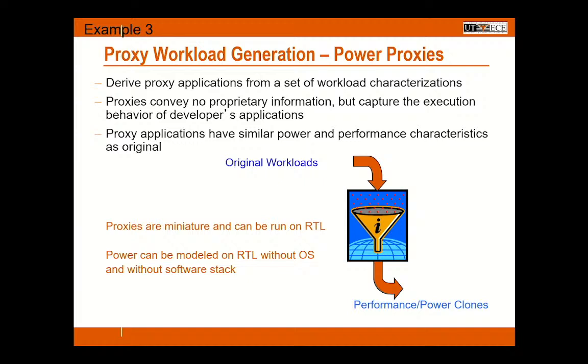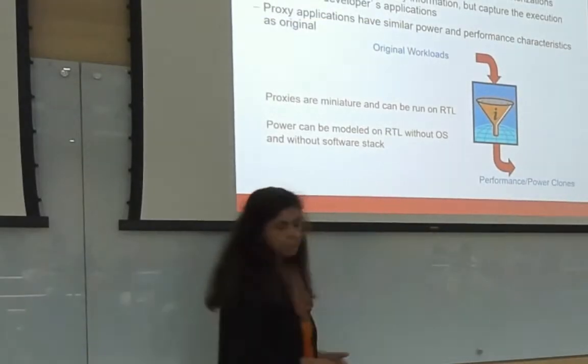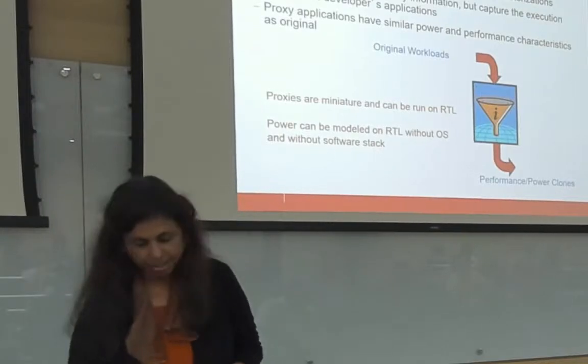If we have a program, can we make a tiny performance or power clone for the original program, which is very big? This is also another solution for simulations taking too long. If, let's say, the SPEC workload runs for 18 hours, can I make something equivalent in performance and power that runs in 10 minutes? Is it possible? So we worked on that topic.